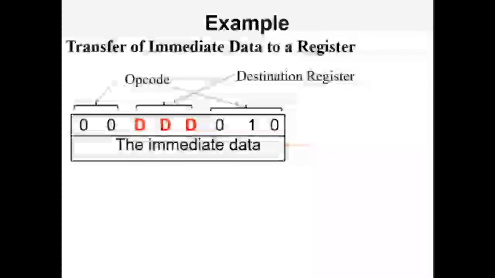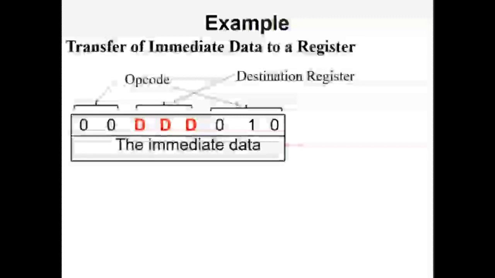Move 5 to register H. So you realize that the instruction is broken down into 3 parts. There is a move, then I have to mention the data itself which I am moving, which is the 5, and then I have to mention the register where I am moving the data. So that is the format for transferring immediate data to a register.